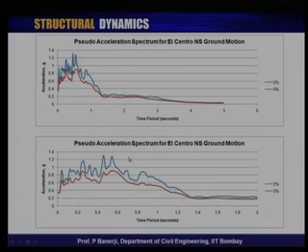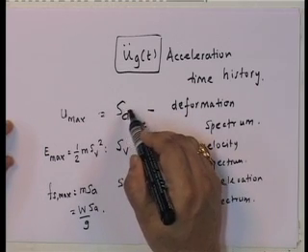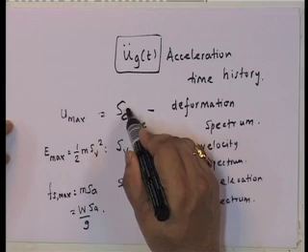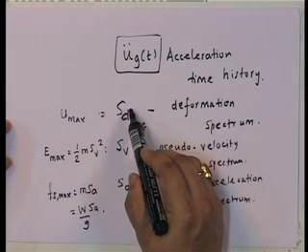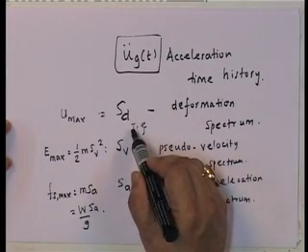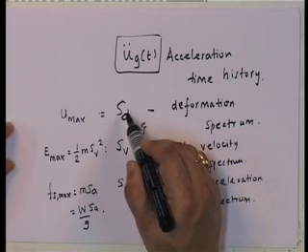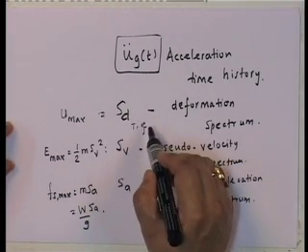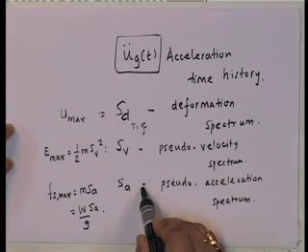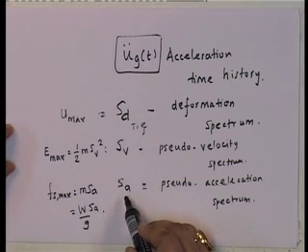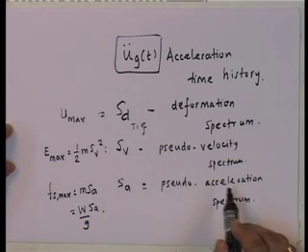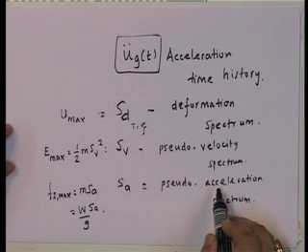We also discussed the specific forms that SD becomes: 0 at t equal to 0 and equal to u g max at t tending to infinity. SA is equal to the peak ground acceleration at t equal to 0, and is equal to 0 at t equal to infinity.